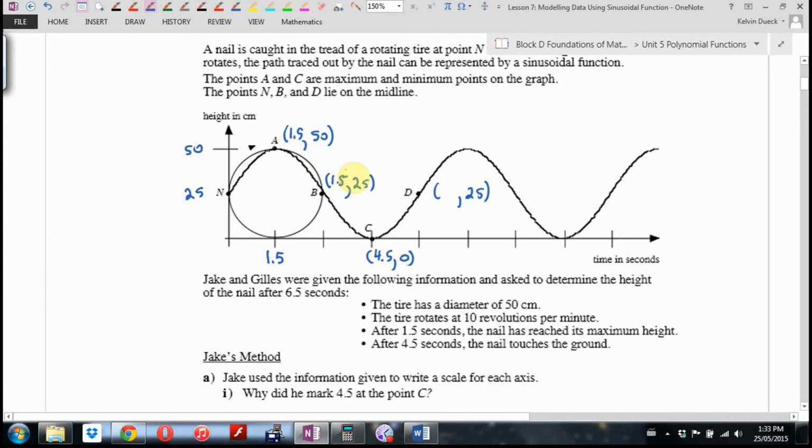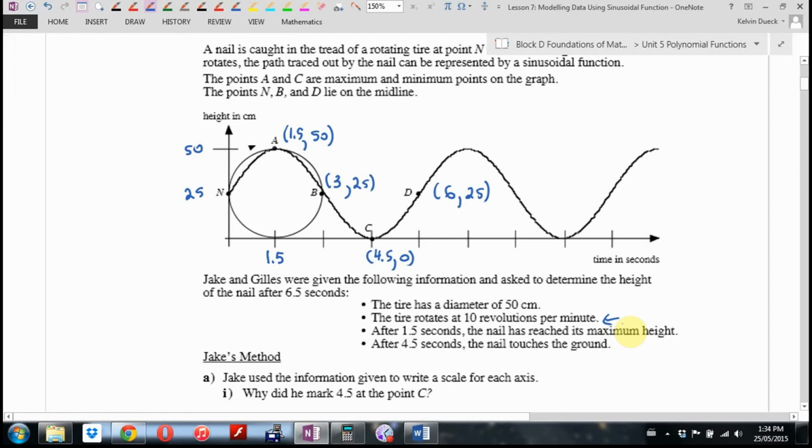How long to go around once? Why did I say 1.5? Because I'm thinking each hash mark is 1.5. How long to go completely around once? How many seconds? 6. Are you saying that point D is 6, comma, 25? This tire rotates every 6 seconds, or 10 times per minute, because there are 60 seconds in a minute.